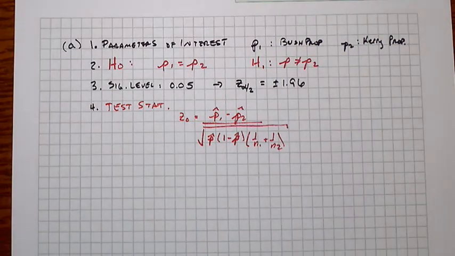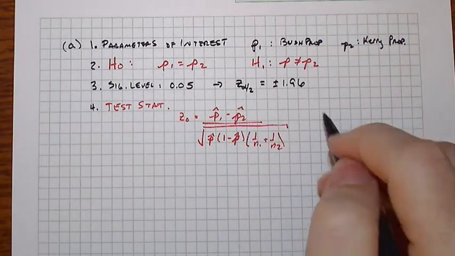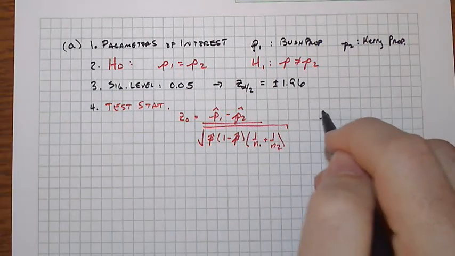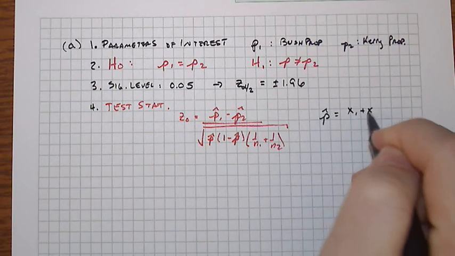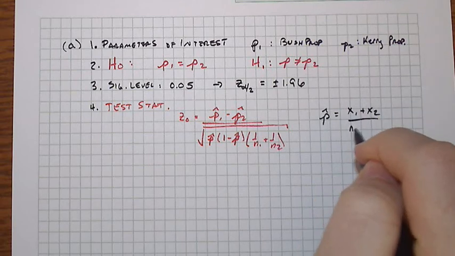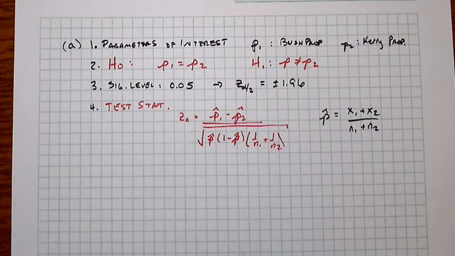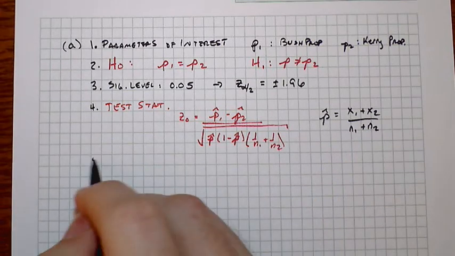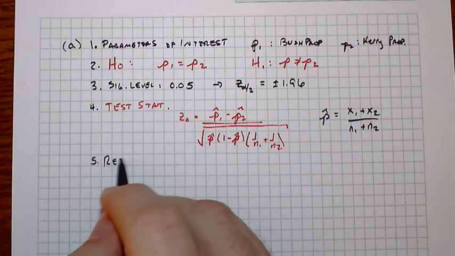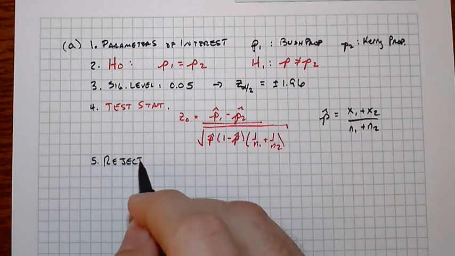Okay, and we won't calculate that just yet. Let's also put this off to the side here, that P hat is equal to X1 plus X2, that's the pooled, N1 plus N2.